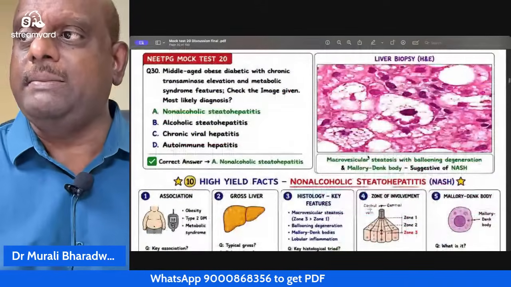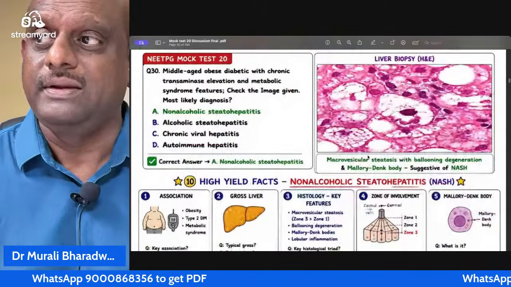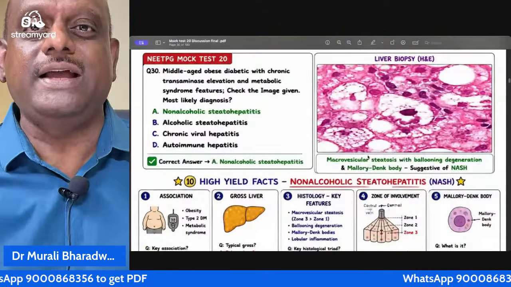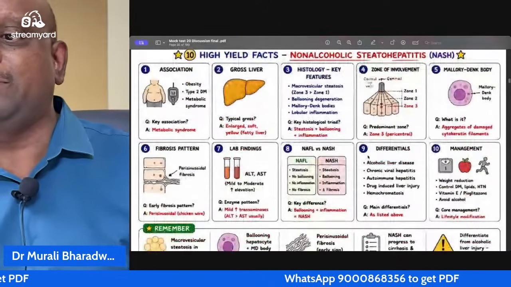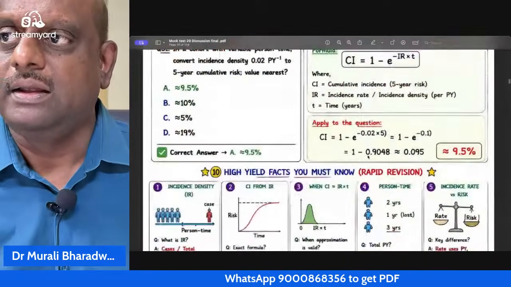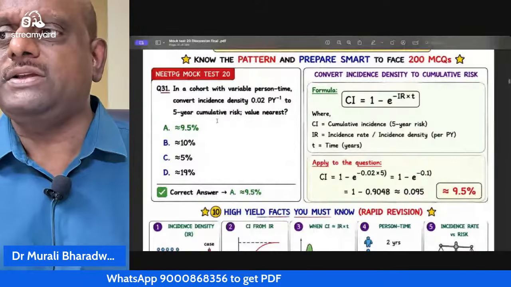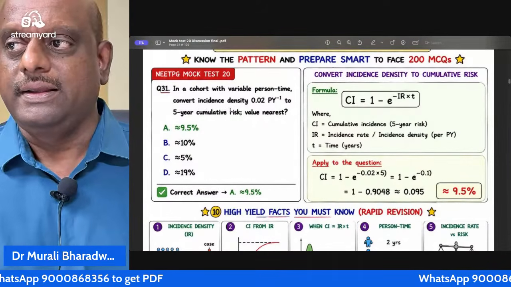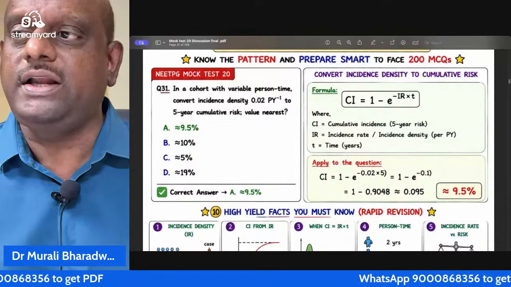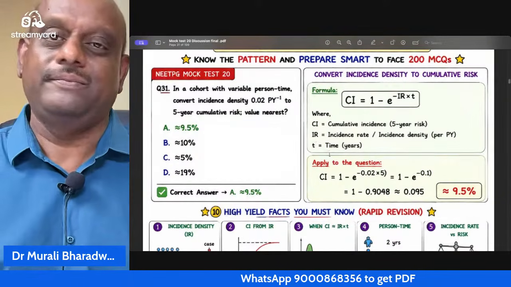A middle-aged obese diabetic with chronic transaminase elevation. Metabolic syndrome is there. It is an example of NASH, non-alcoholic steatohepatitis. In a cohort, if you convert incidence density to 5-year cumulative risk, what is the nearest value?